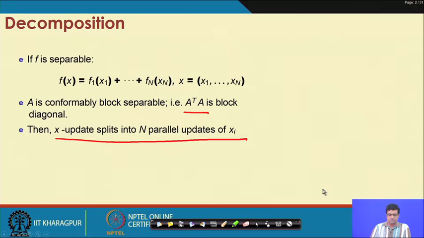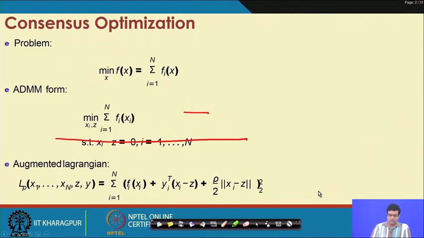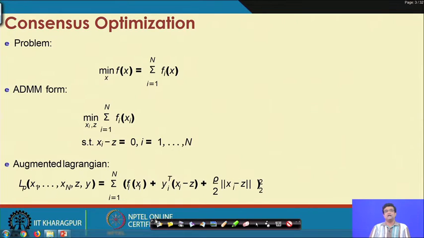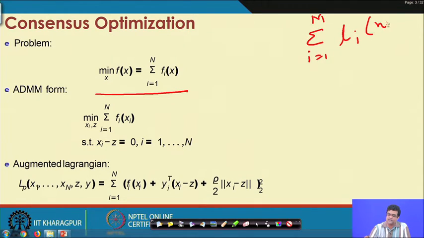We will explain that with an example. We take the example of now the distributed optimization problem. If you remember, our objective was exactly of this form. Our objective was that you had to minimize the summation over i equal to 1 to m of the loss function Li of x.